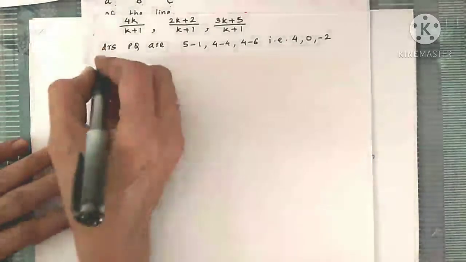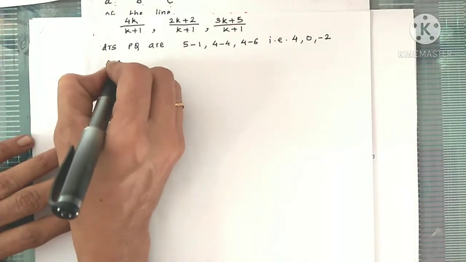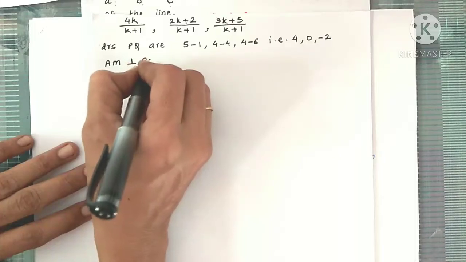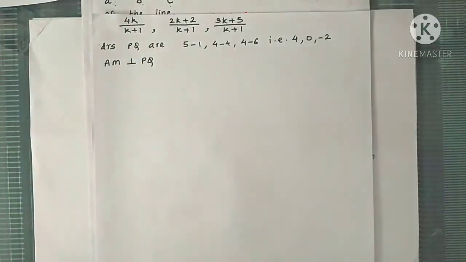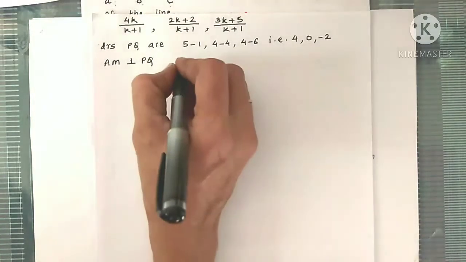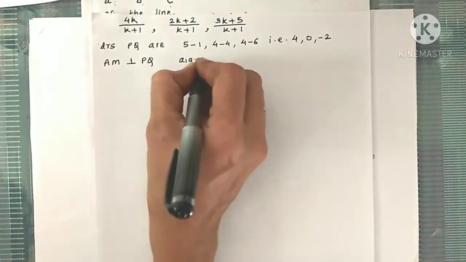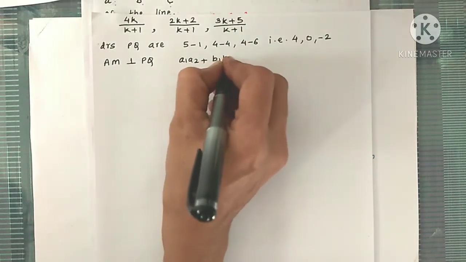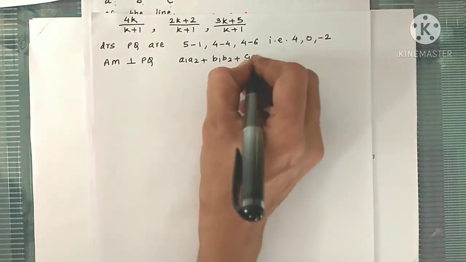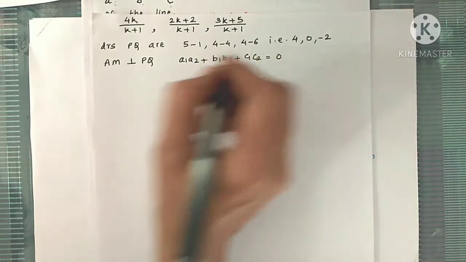Now AM is perpendicular to PQ. So if two lines having direction ratios A1, B1, C1 and A2, B2, C2 are perpendicular, then A1 A2 plus B1 B2 plus C1 C2 equals 0.